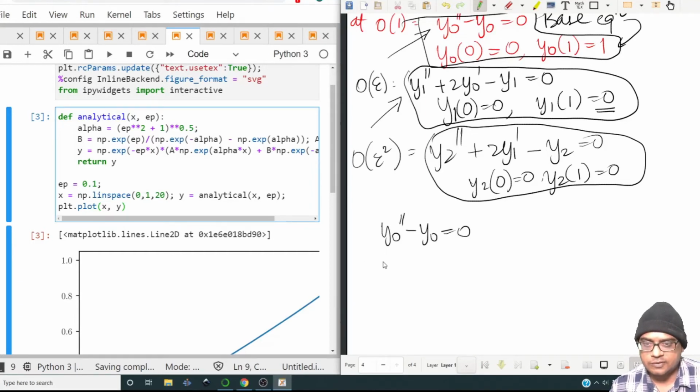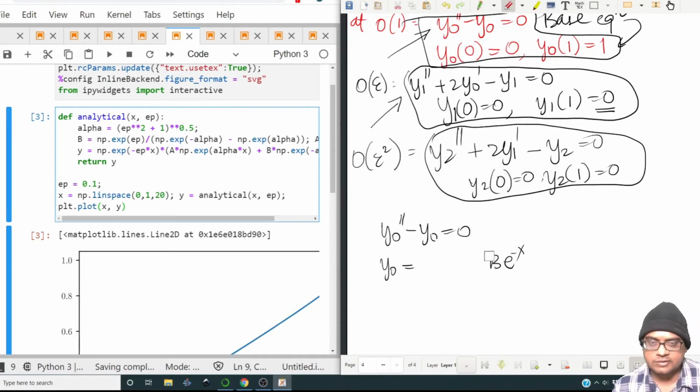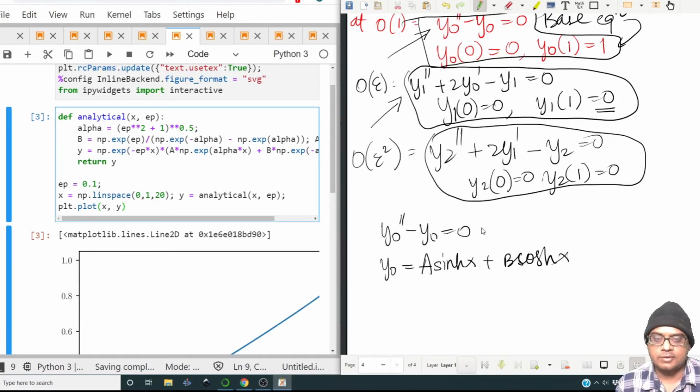The solution is obviously y0 equal to a e to the power x plus b e to the power minus x, or equivalently we could write the solution as sinh and cosh, because when the basis functions are e to the power x and e to the power minus x, you can equivalently cast it as a linear combination, a sinh of x plus b cosh of x. You can verify that this satisfies this equation.